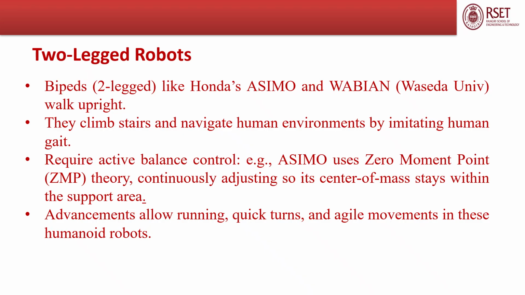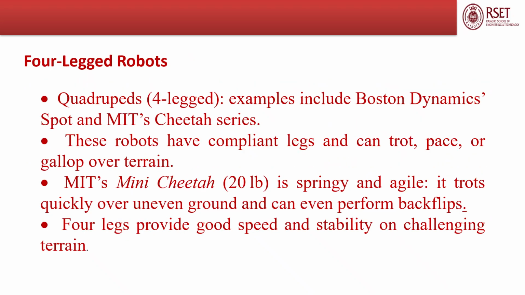Advancement allows running, quick turns, and agile movements in these humanoid robots. Four-leg robots, which we have already discussed, include four legs, or we call them quadrupeds. Examples include Boston Dynamics' Spot and MIT's Cheetah series.